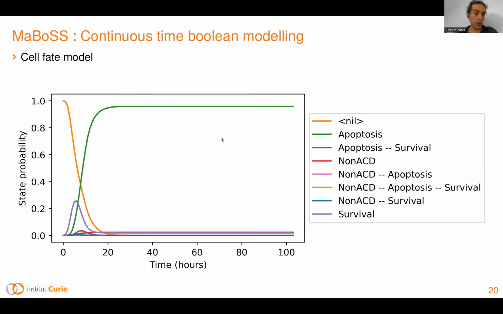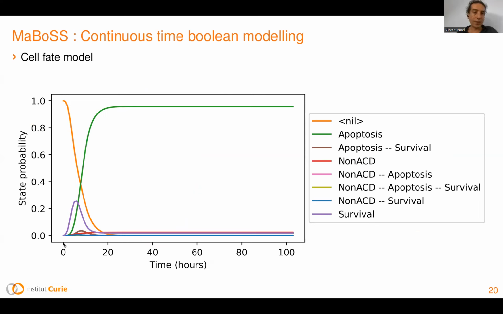We can also look at the state probability trajectory. So we can see that at first our cells are naive because we don't put any TNF treatment. So we don't have any phenotype active. Probability of nil is 100%.